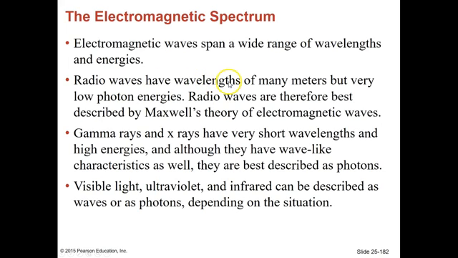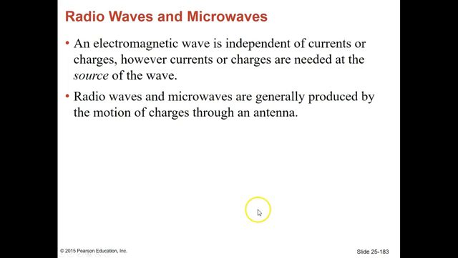Radio waves have wavelengths of many meters, but very low energy. Radio waves are therefore best described by Maxwell's theory of electromagnetic waves. Gamma and X-rays have very short wavelengths, and although they behave like waves, they're best described as photons. Visible light, ultraviolet, and infrared can also be described as waves or photons. It just depends on our situation.